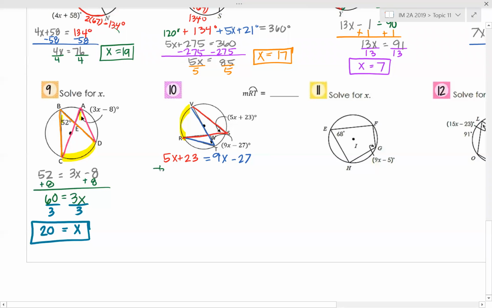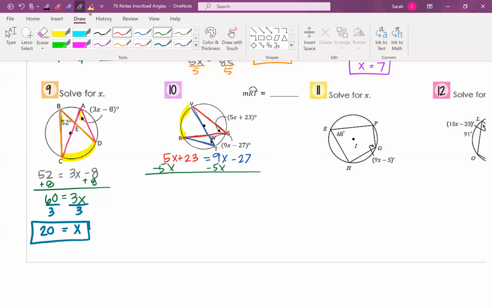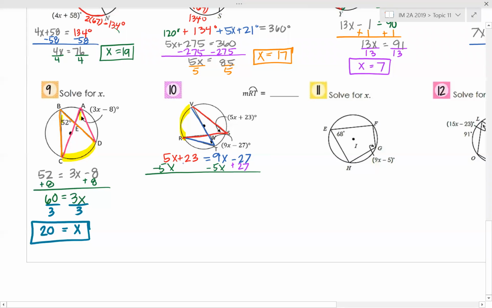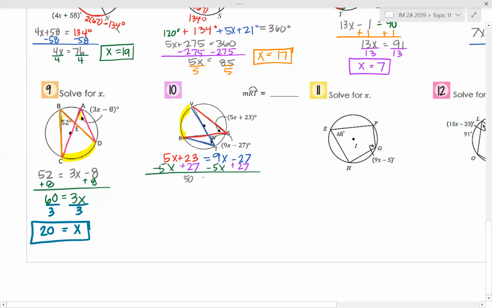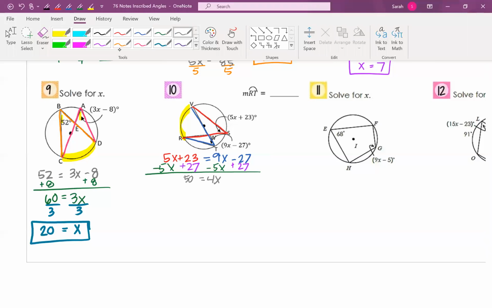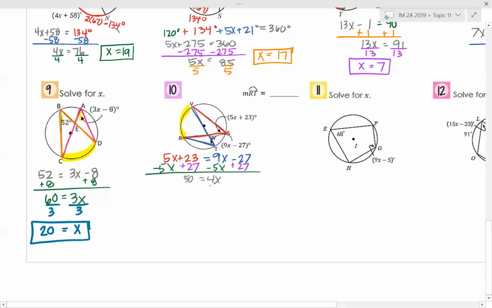So let's subtract 5x, and then add 27. So that gives us that 50 is equal to 4x, and by dividing by 4, x is 50 divided by 4, which is 12.5.